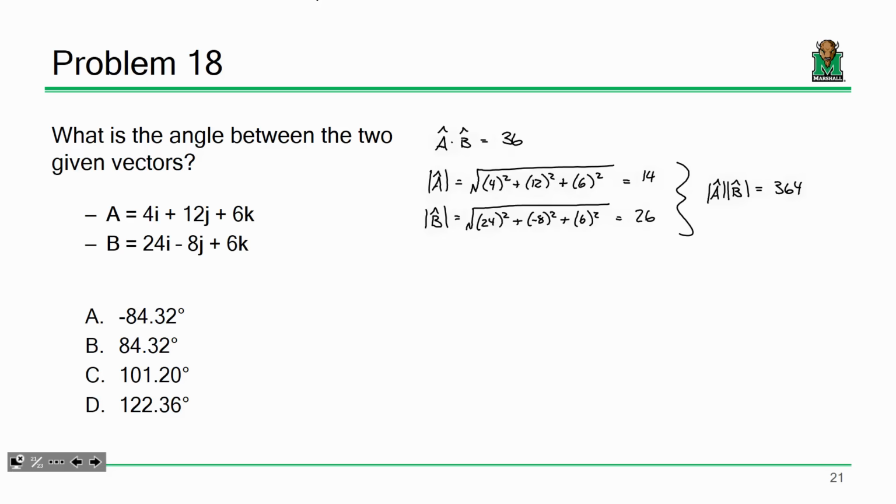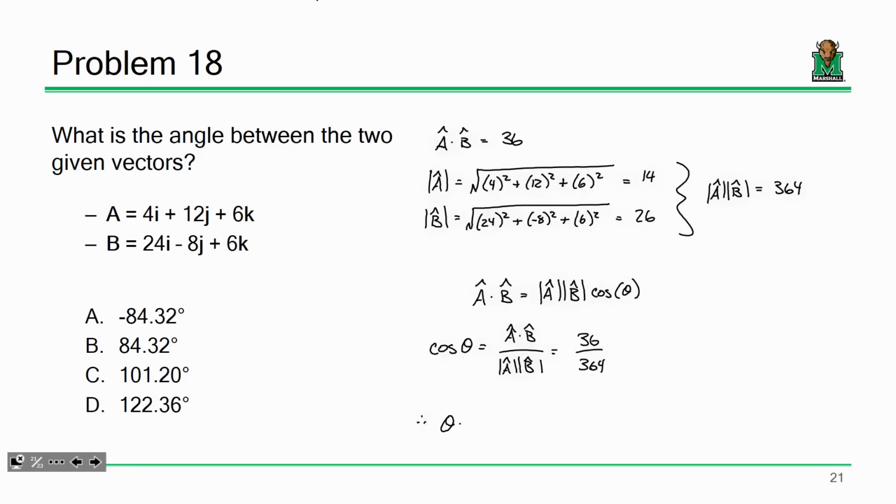Why does that matter? Because A dotted with B is the magnitude of A times the magnitude of B times the cosine of the angle between them. So the cosine of that angle is A dot B divided by those two magnitudes, which is 36 divided by 364.